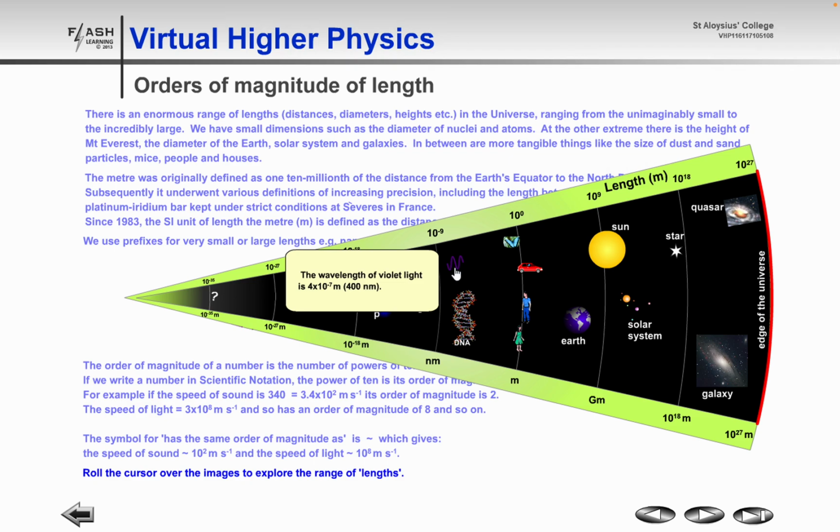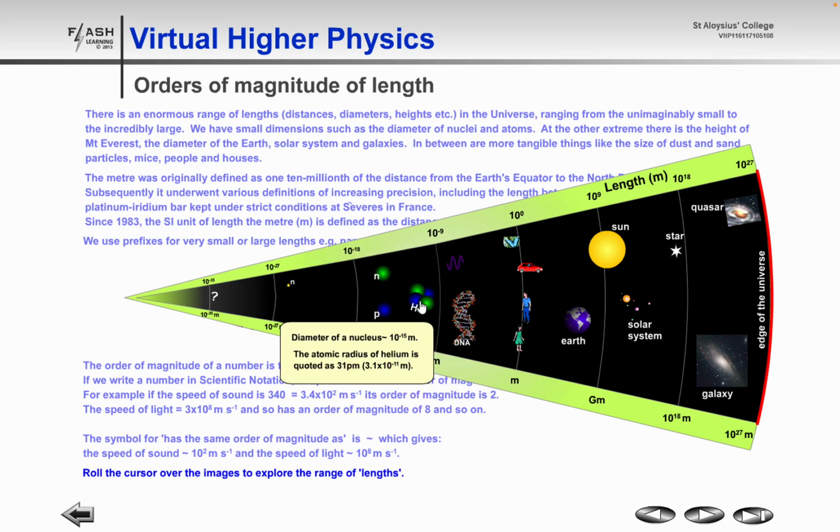We'll come back in the waves unit and discuss exact wavelengths for light, but they are all minus 7 orders of magnitude, going from about 4 times 10 to the minus 7 up to about 7 times 10 to the minus 7. The size of a nucleus, for instance, can be around minus 15, and the atomic radius of helium is quoted as minus 11.